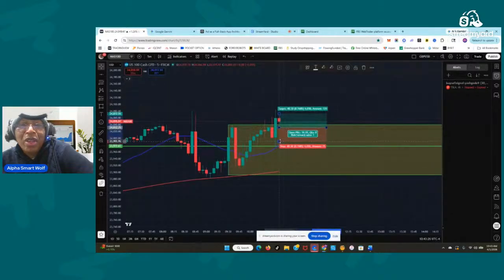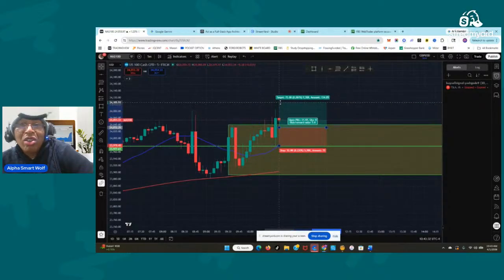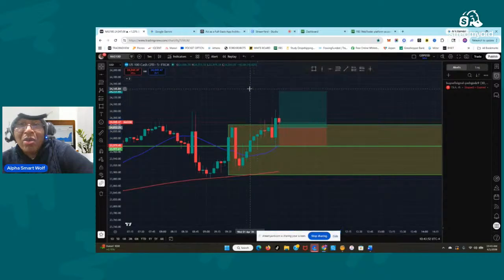If we're looking at a 1 to 2 risk to reward ratio, this is exactly where we're going to let it go. We're going to put our take profit here if we have to leave the market. Anytime I'm leaving the market, I got to put a take profit. And the stop loss is always there, whether I'm leaving the market or not. So that's the trade we are envisioning.